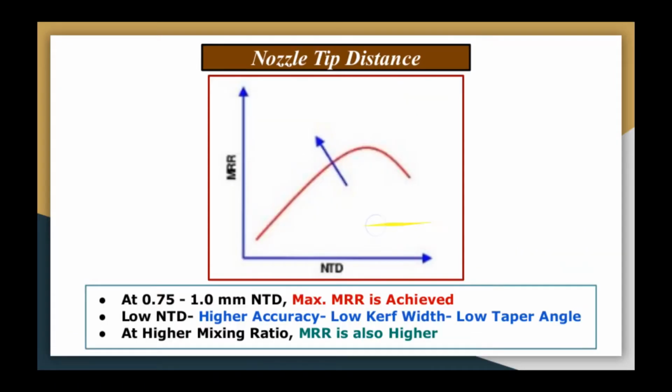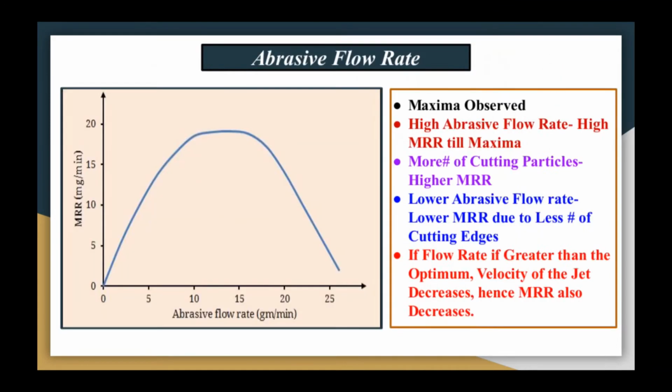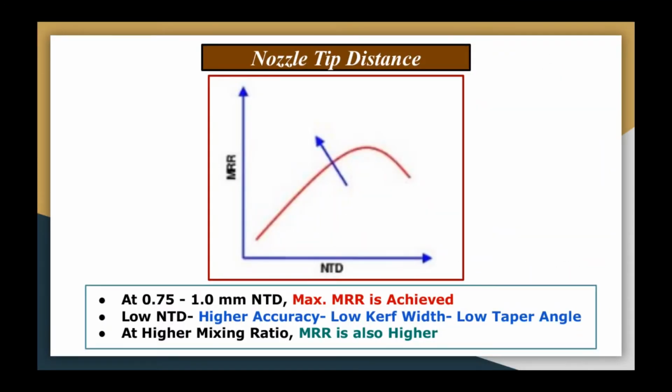Now another parameter is the nozzle tip distance. We have already seen in the previous two slides the effect of nozzle tip distance on the cavity shape and size. Here we have seen, correct, nozzle tip distance and its effect on the cavity shape and size.